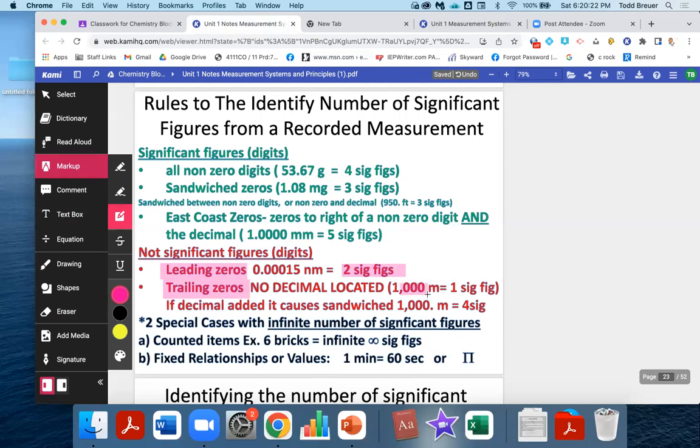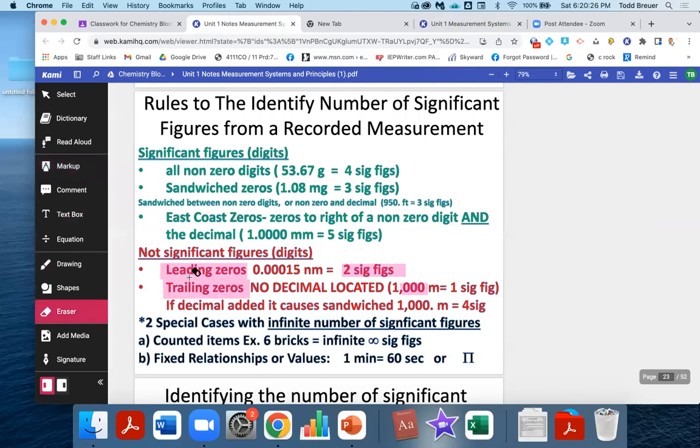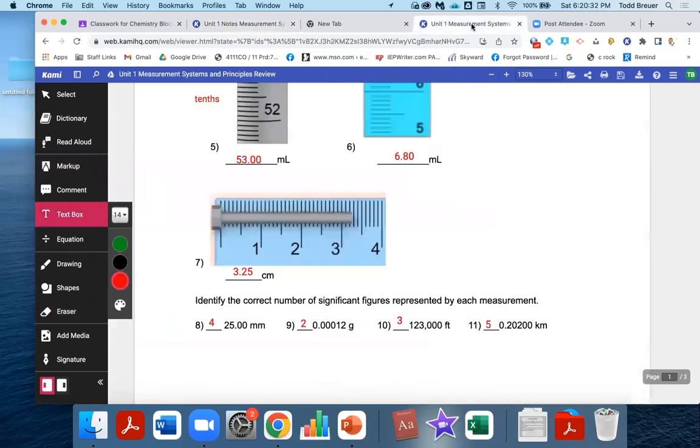Those zeros are what we call trailing zeros. They trail or they follow non-zero digits. But when there's no decimal located, we never assume them to be significant. So we're looking at the 1, the 2, and the 3 are significant, but none of these zeros are. They trail the value, and there's no decimal located, so they're not really considered East Coast zeros.